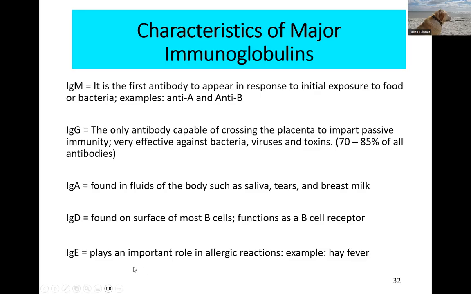And then IgEs, kind of like eosinophils, play an important role in allergic reactions. An example would be hay fever. That's an environmental allergy to pollen.